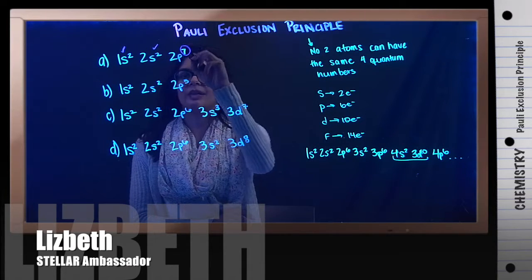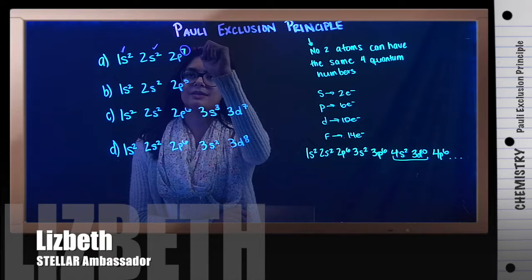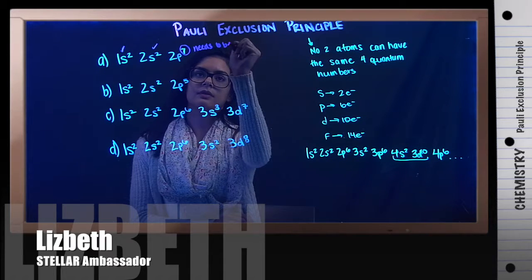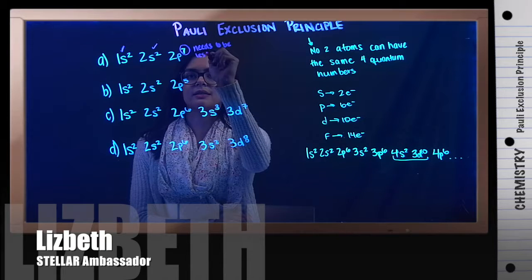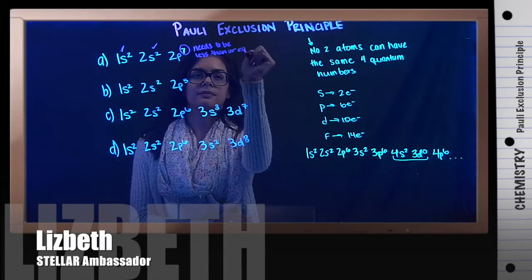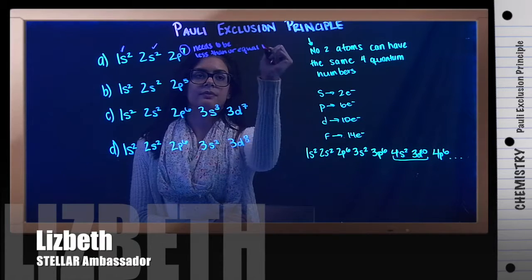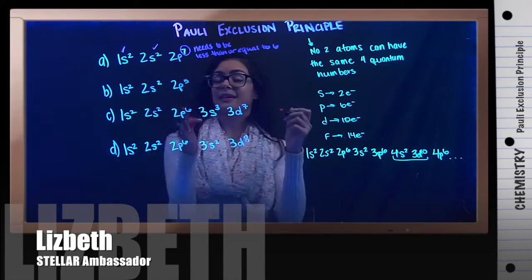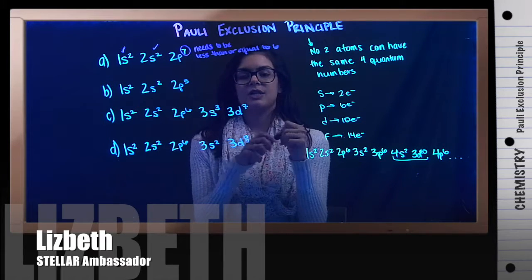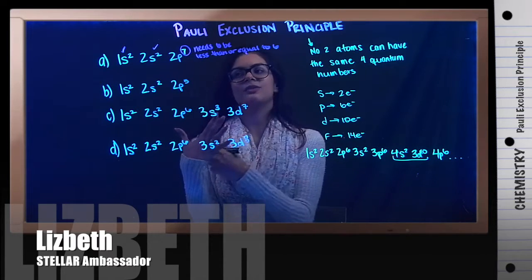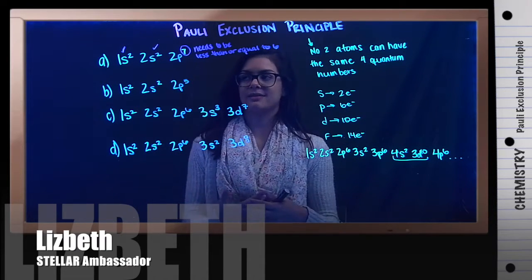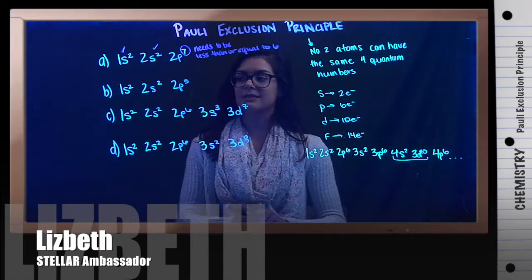Here, I should only have up to 6, so this needs to be less than or equal to 6. Since it's 7, that is not a correct electron configuration, so it should probably be 2p6, 3s1 or something along those lines if you want to keep the number of electrons consistent.